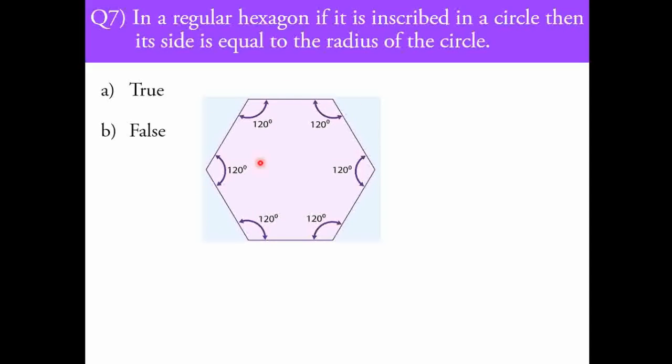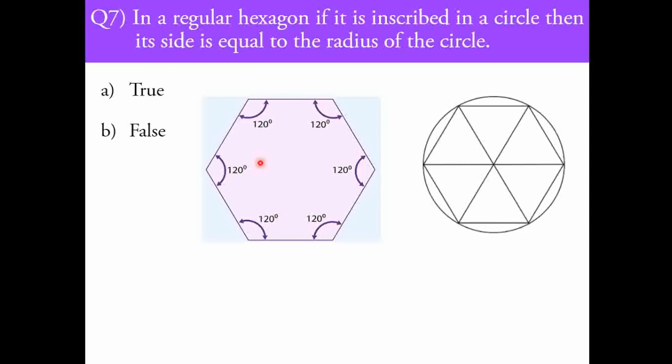But they have mentioned that the hexagonal structure is inscribed. So the second method is the circle method to draw the hexagon. In that, suppose the 30 mm side of the hexagon is given. By taking the 30 mm side as the radius, we first draw a circle. That circle has the same radius, equal to the side of the hexagon.